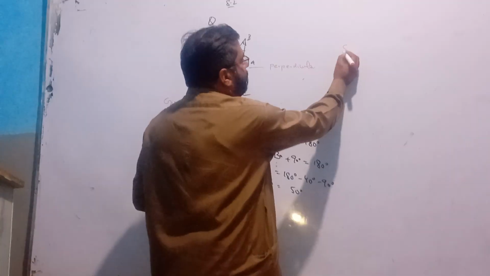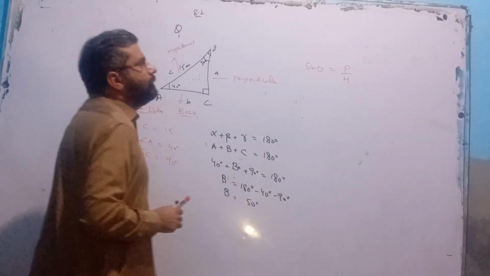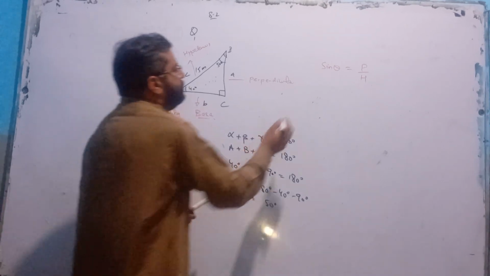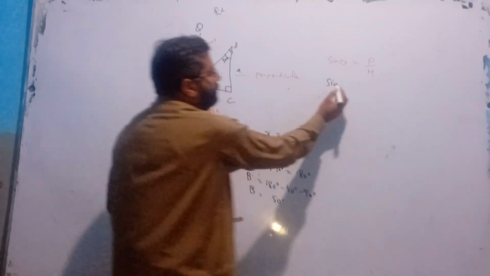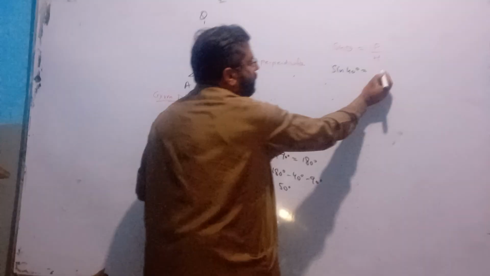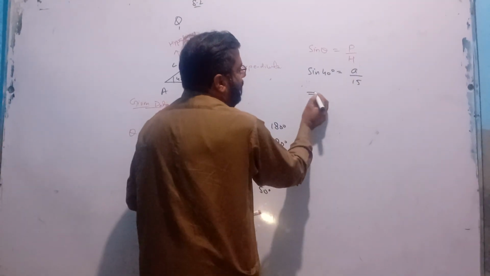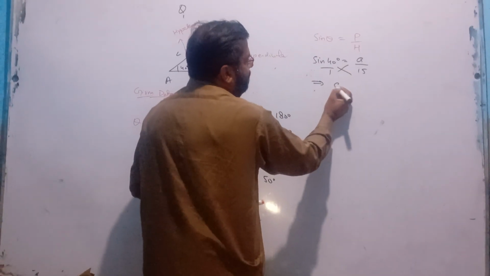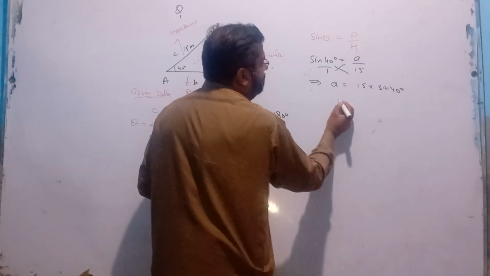First of all, sin theta is equal to perpendicular over hypotenuse. Write down the values. Theta is 40 degree. Sin 40 is equal to perpendicular A over hypotenuse 15. This implies, by cross multiplying, A is equal to 15 multiplied by sin 40 degree.